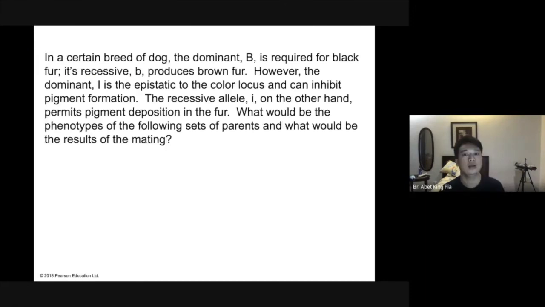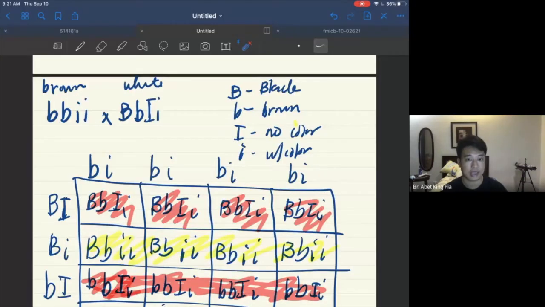Alright. So, what would be the phenotypes of the following set of parents and what would be the results of their mating? Eto. Tama. Brown yung isa, yung unang parent, and then white yung second parent.